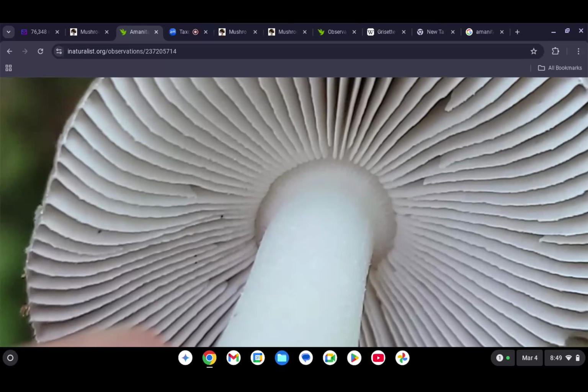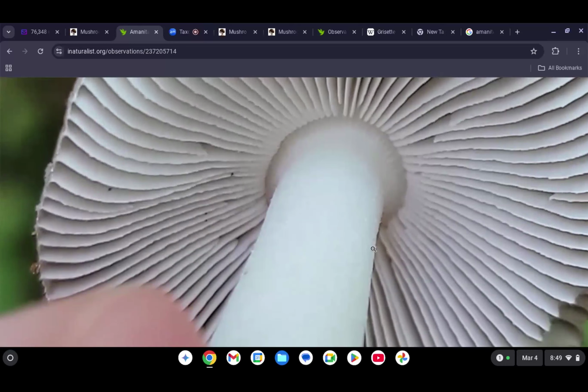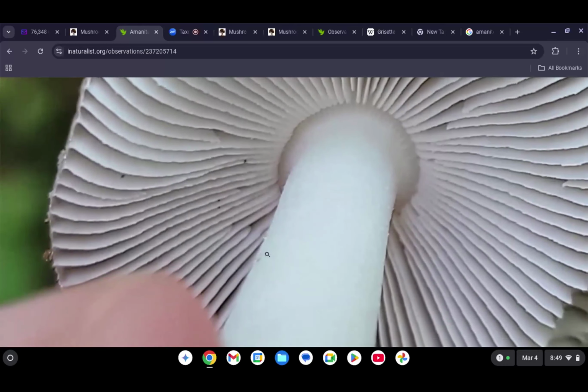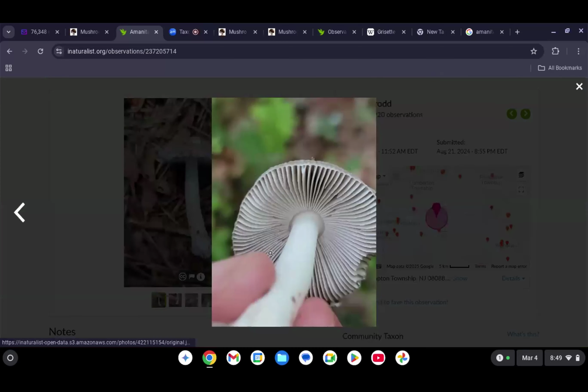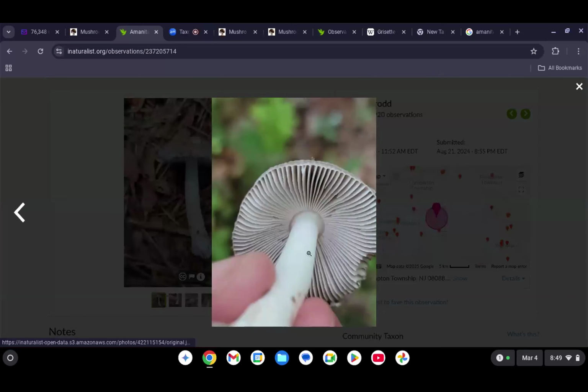And when Amanita grows and expands, all these tissues come separated and they have to break apart from each other cleanly. Otherwise, they would just tear itself apart. And this is what you're seeing here. You see all this powder. This is the remnant of all that specialized tissue that keeps all these elements separate in a primordium, but allows them to form an intact mushroom at the same time.